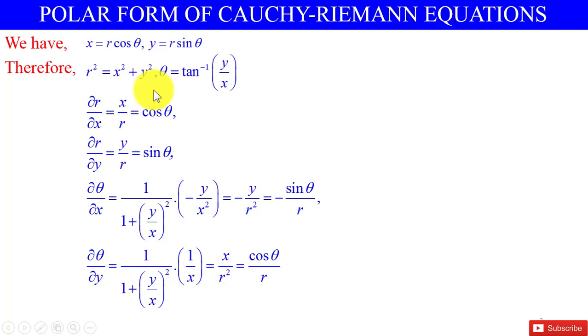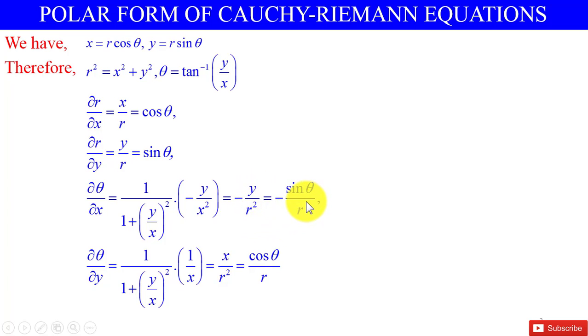Now, differentiating partially, we have ∂r/∂x = x/r = cos θ. Similarly, ∂r/∂y = y/r = sin θ. ∂θ/∂x = 1/(1 + (y/x)²) × (−y/x²), because the derivative of tan⁻¹x is 1/(1 + x²).